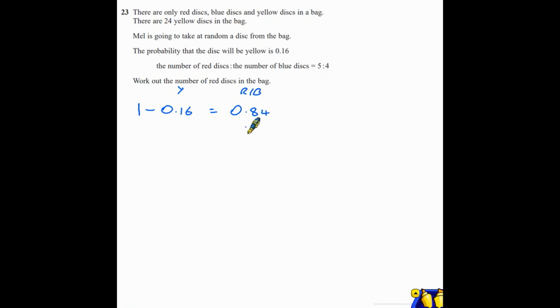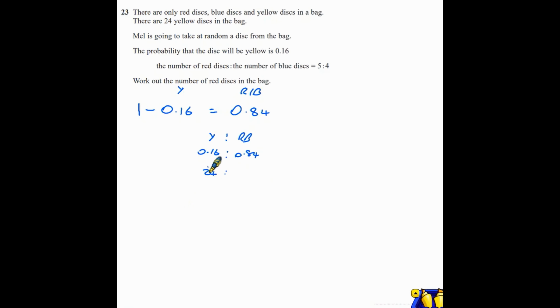Now, we have a ratio here. We know the ratio of yellow to red and blue. So if I write that down as a ratio, it's 0.16 to 0.84. Now into that ratio I can put the number of yellow discs. There are 24.